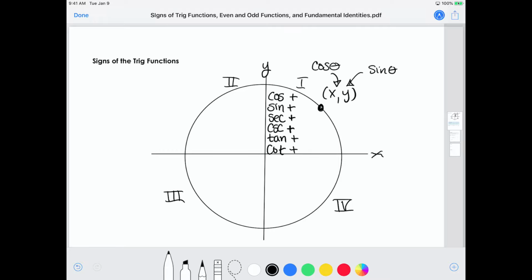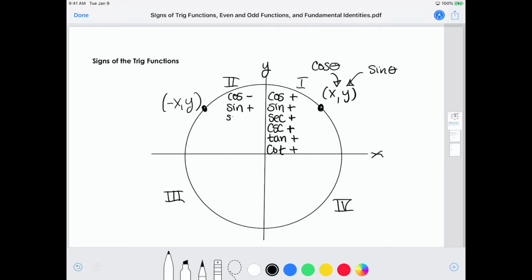Now looking at the second quadrant, if I have a point in the second quadrant, my x is negative but my y is positive. Since my x is equivalent to my cosine of that angle, in the second quadrant, if my angle swings open, my cosine is going to be negative. In the second quadrant, my sine, which is my y value, is going to be positive.